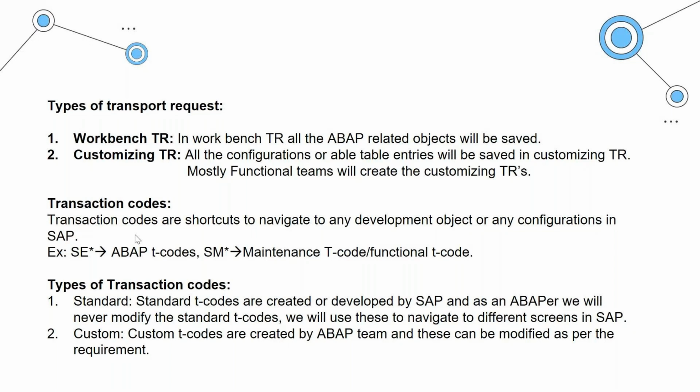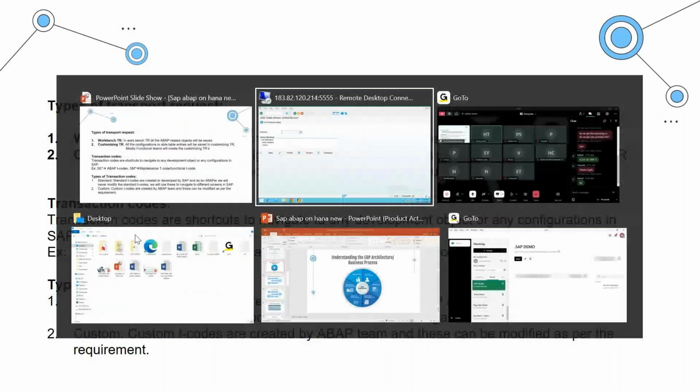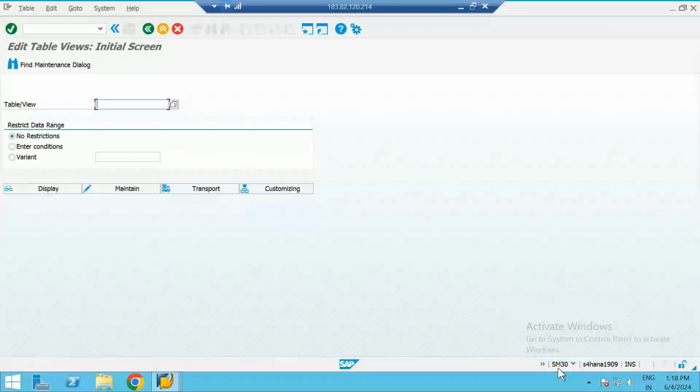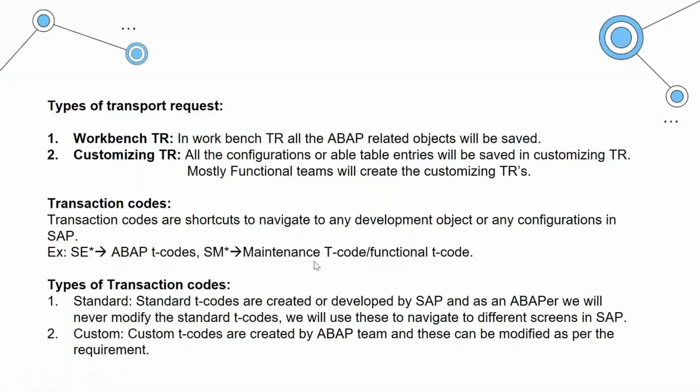The T codes that I used just now, SE09 and SM30, are all standard T codes. How to differentiate, I'll show you in the next topic, between standard and custom.